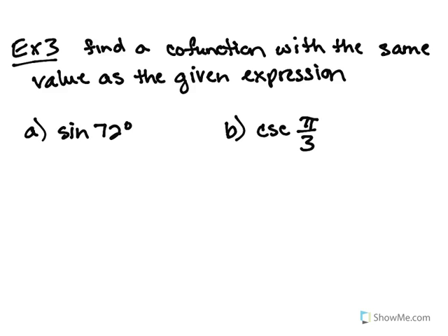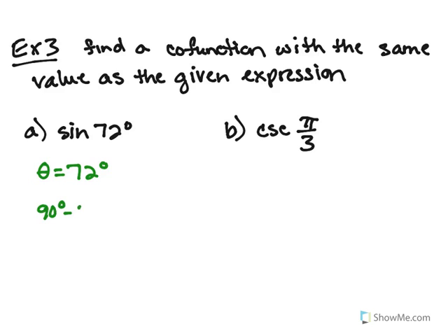All right, find a cofunction with the same value as the given expression. Okay, so what we do here is, in this case of sine of 72 degrees, theta would be my given angle of 72.